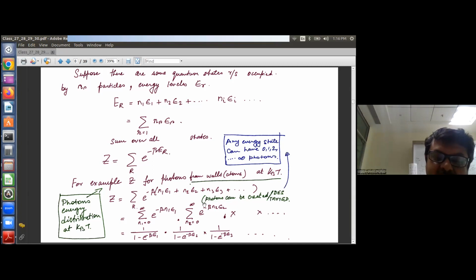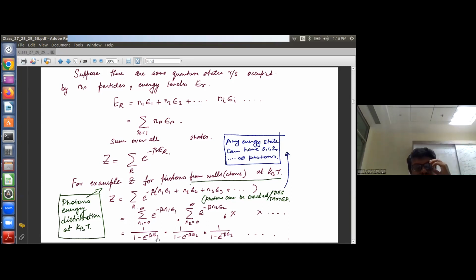So the point is, to calculate this partition function, you can do a sum over this. This is a GP series, right? When n1 equals 0, then e to the power 0 is 1, and n1 can have 1, 2, 3, 4, 5 up till infinity, and the infinite GP series, if you add it up, you'll get 1 upon 1 minus e to the power minus beta epsilon 1.